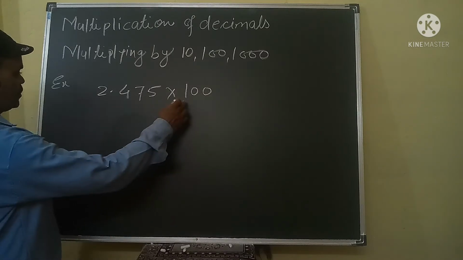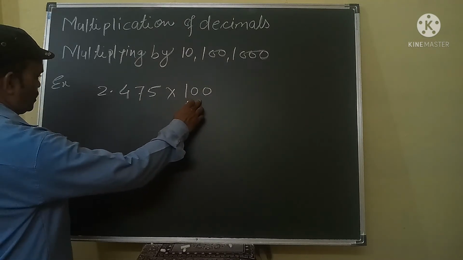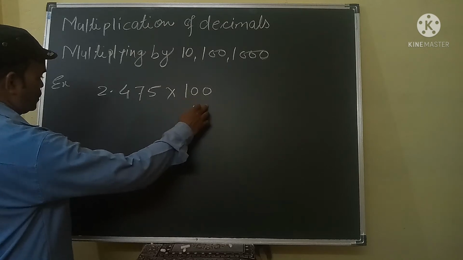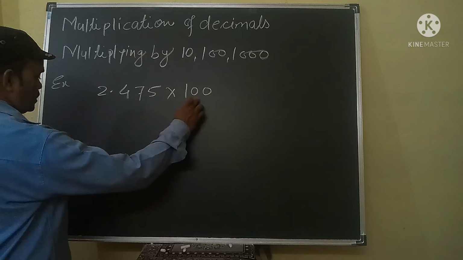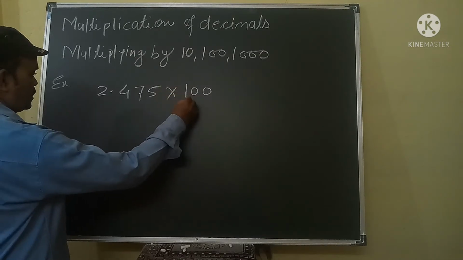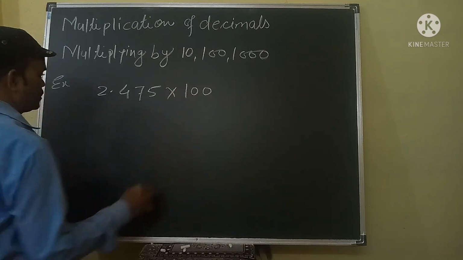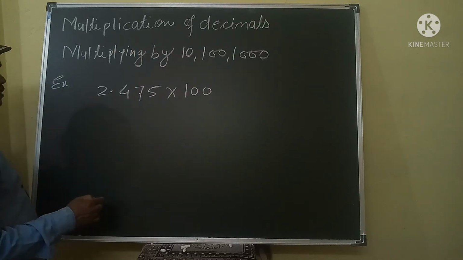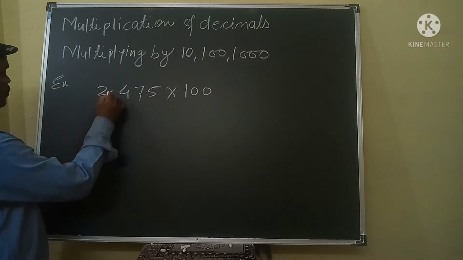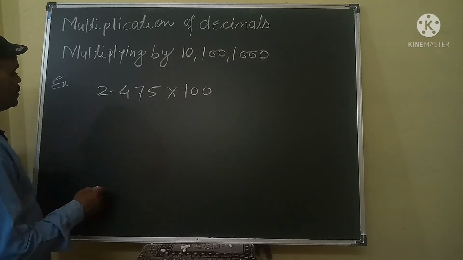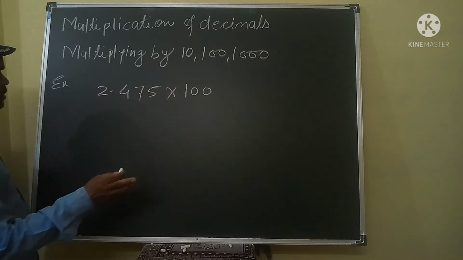We will move the decimal point according to the number of 0s in 100. In 100, the number of 0s is 2. That means we will move the decimal point 2 places to the right.